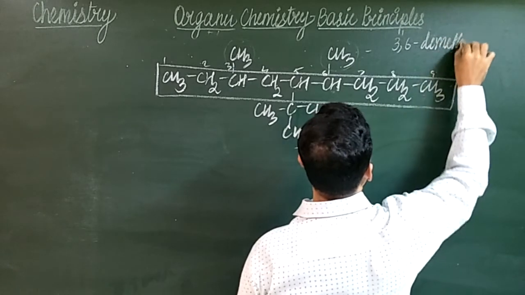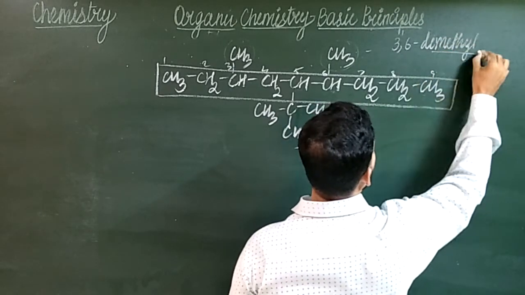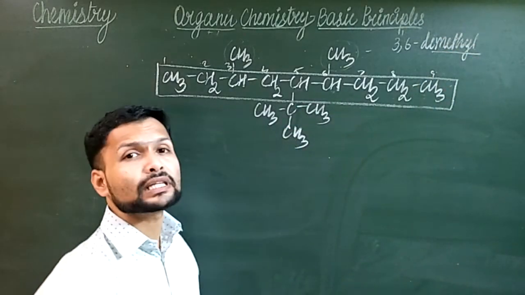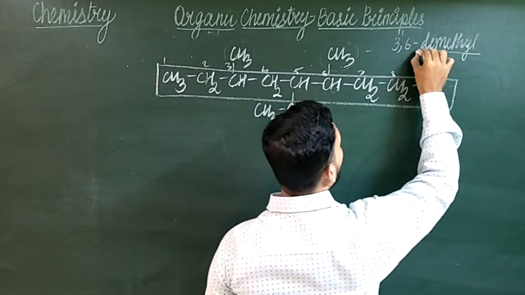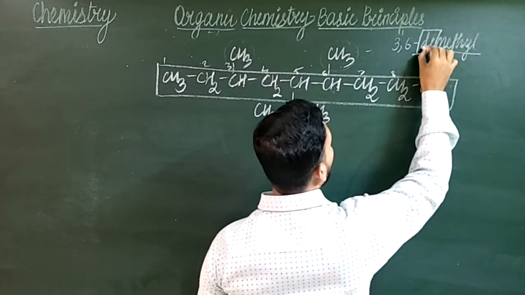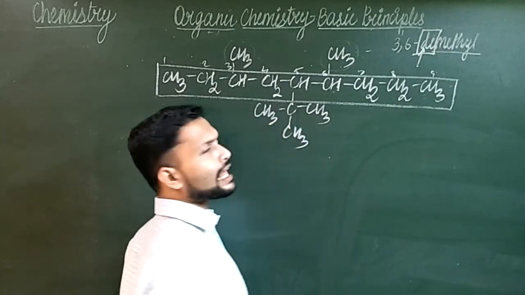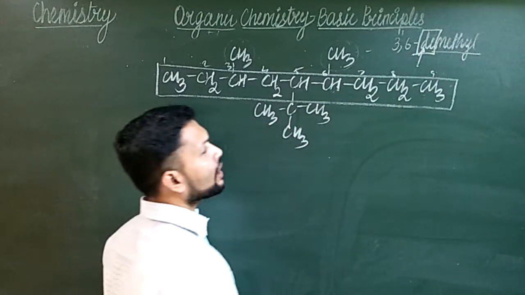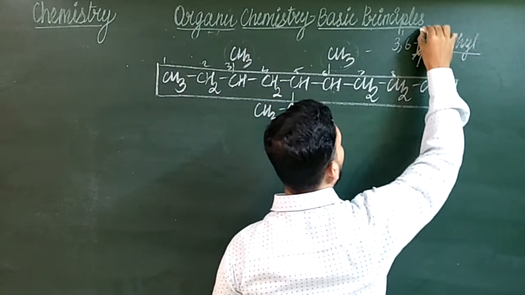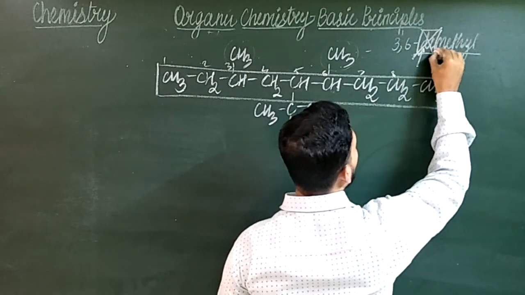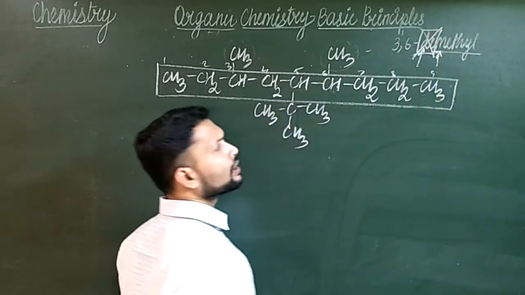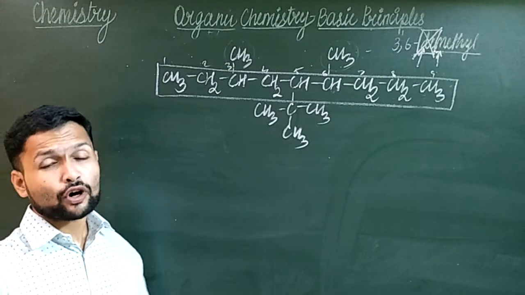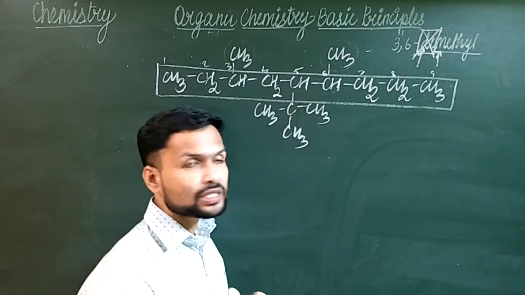Now remember, in case of simple substituents, we don't use the prefix alphabet, meaning the first alphabet of the prefix, to write in alphabetical order. We use the M of the alkyl group to write in alphabetical order for simple substituents.